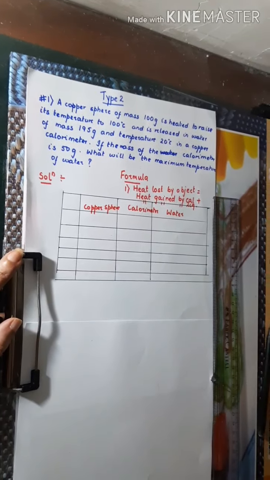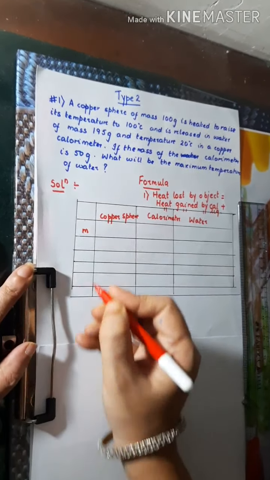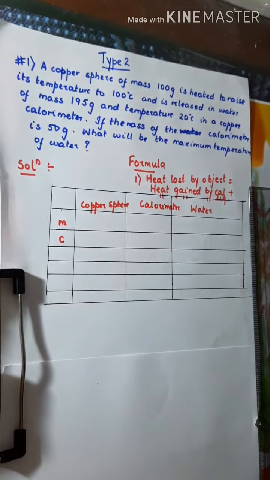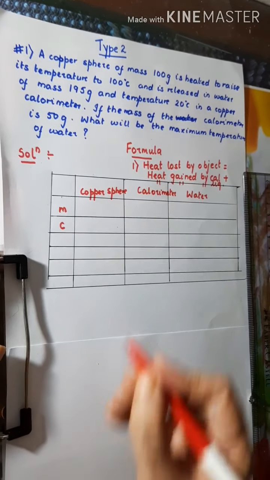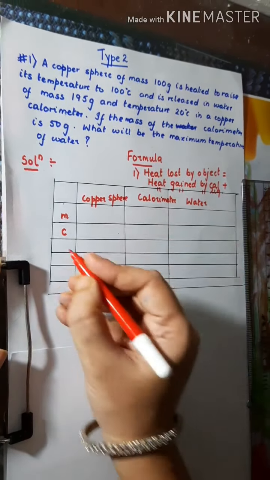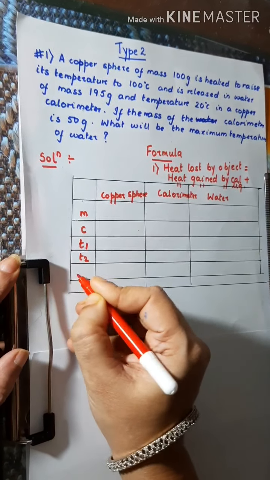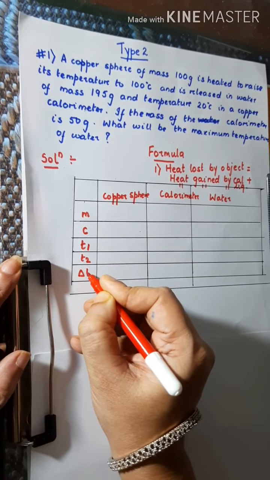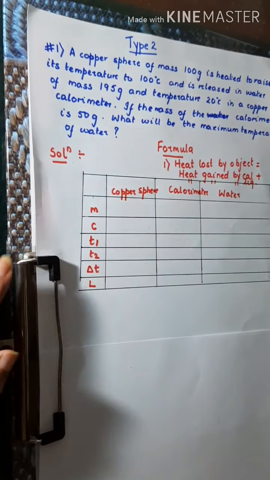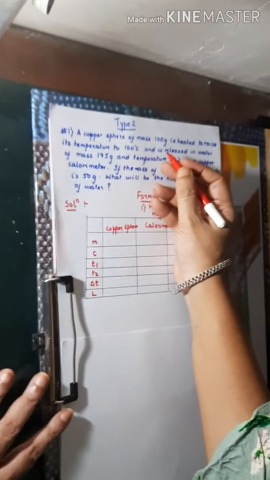So I told you first you require M, the mass, then you require C, that is the specific heat either of the copper sphere or of the calorimeter or of water, T1, T2, delta T and L. Now, a copper sphere of mass 100 grams.